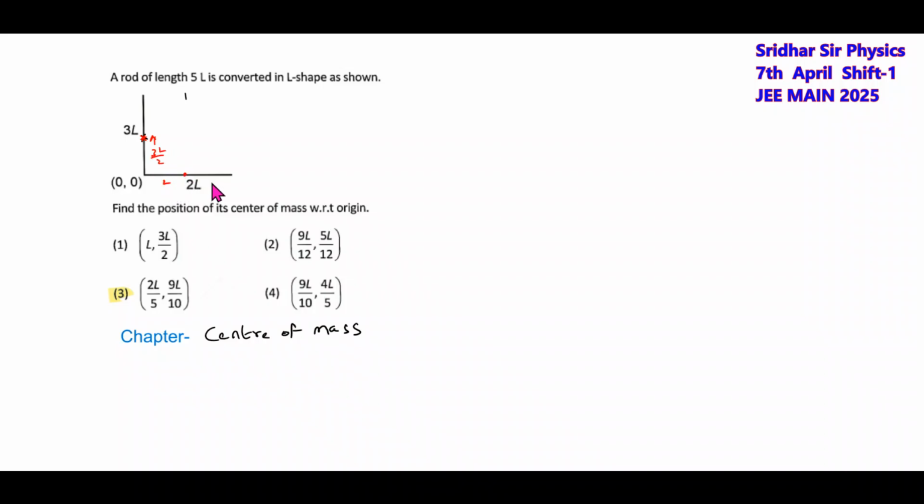The other will be at a distance L. So the center of mass of the system will be, x coordinate, mass will be lambda into x coordinate, lambda into 3L into 0, plus lambda into 2L into L, by the total mass of the system, lambda into 5L.